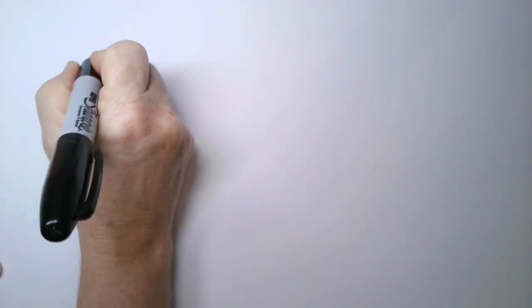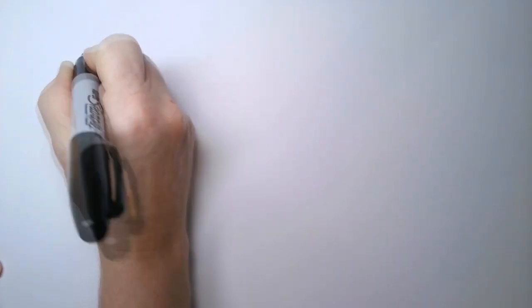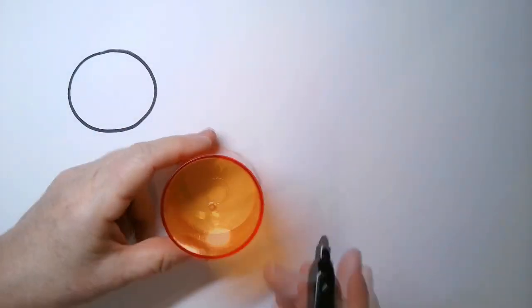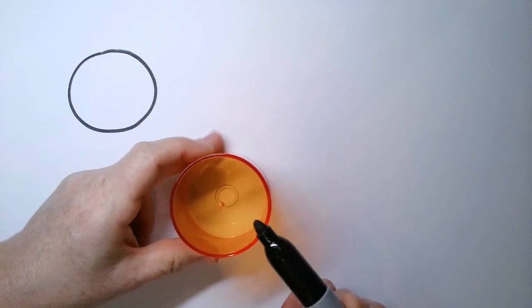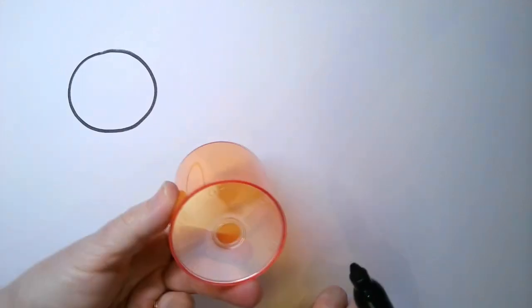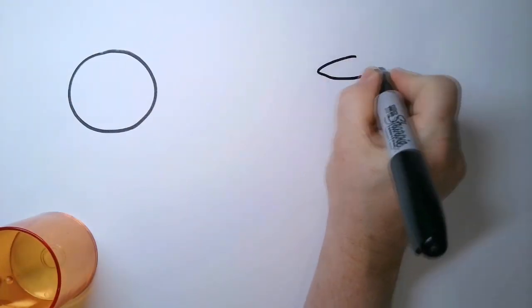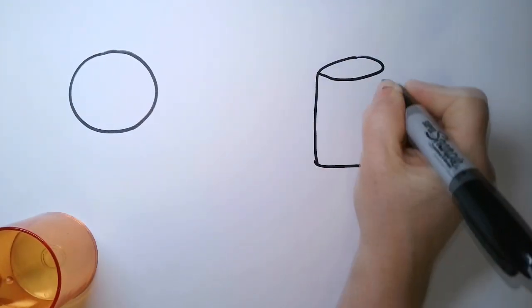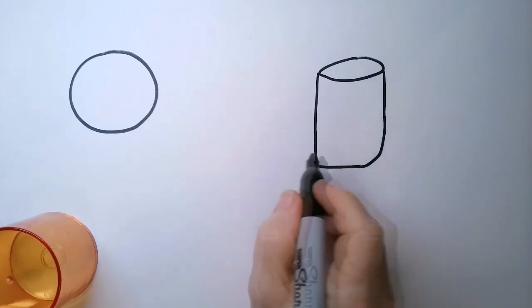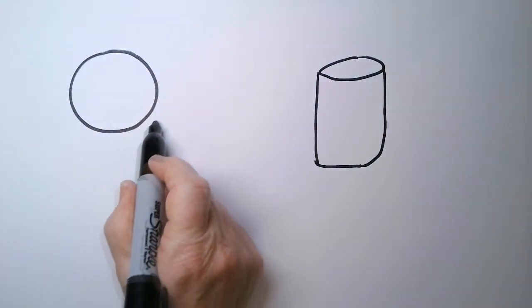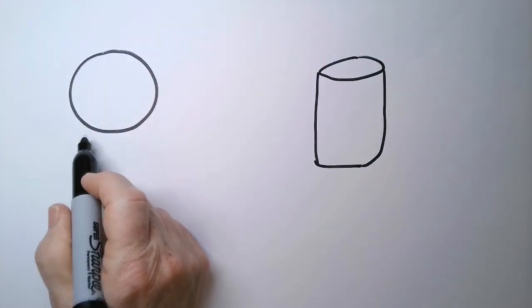So the first thing we want to do is take a look at a circle. If we take a look at our cylinder here and we look at it from the bottom, it looks like a circle, right? So if you can imagine having a pancake, a stack of pancakes. How do I find the outside, the perimeter of a circle?